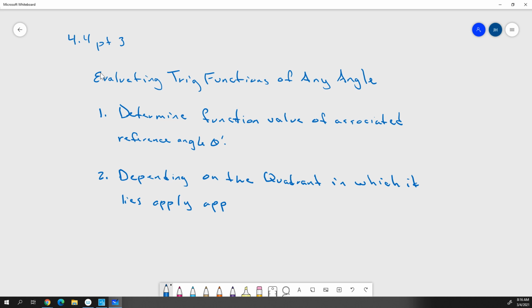I'm going to mess this one up. I think it's 2 p's in appropriate. Well, technically 3. Apply appropriate sign to the function value. What does all that mean?